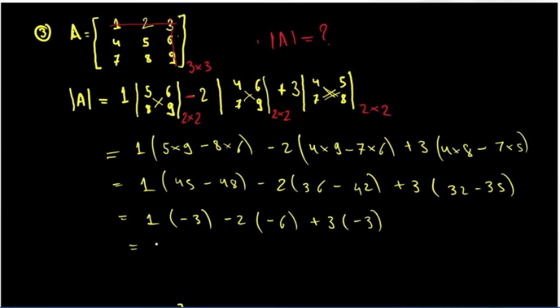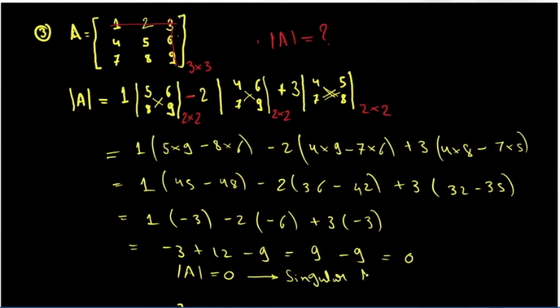So this will be minus 3 plus 12 minus 9, equals 9 minus 9 plus 2... 0. So here the determinant of A is equal to 0. Therefore, this matrix is known as a singular matrix.